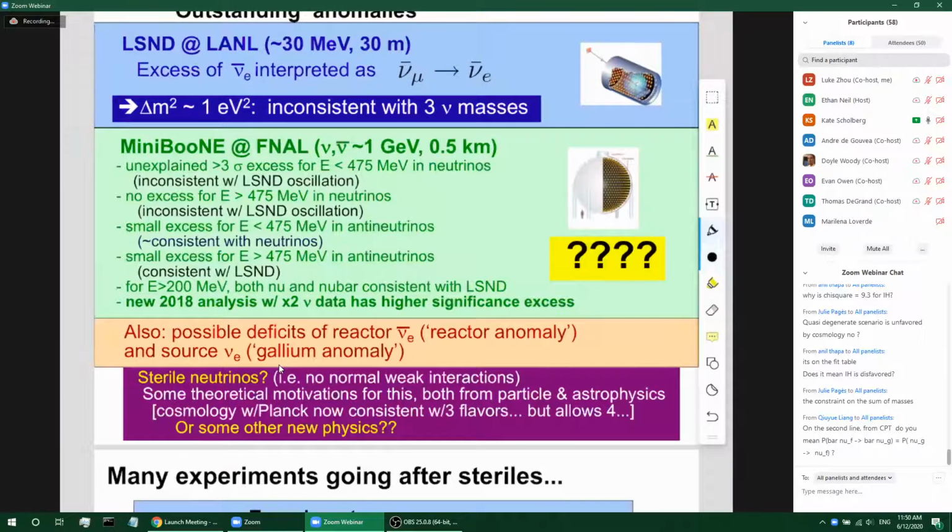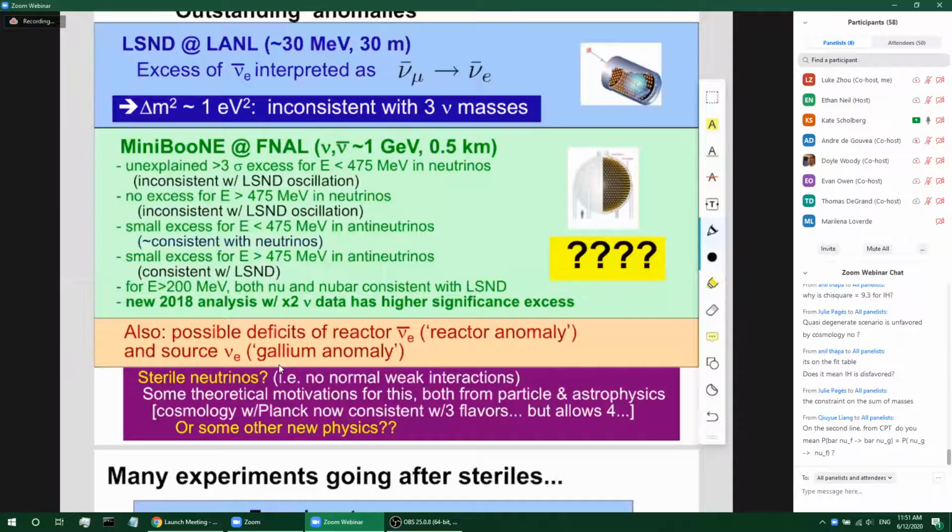And one of the favorite explanations is sterile neutrinos. Have extra families, extra types of neutrinos that don't have regular weak interactions. And there is theoretical motivation for this. You may have heard this in some of your other lectures. There's possible reasons that might be helpful in certain astrophysical contexts, in supernovae, for example.